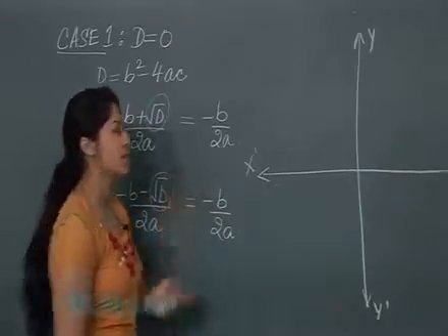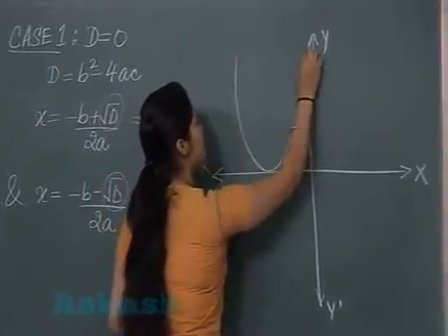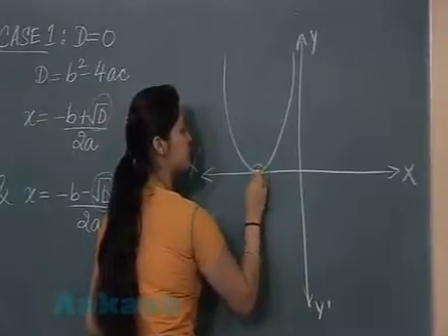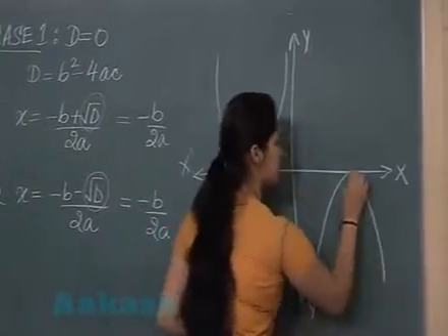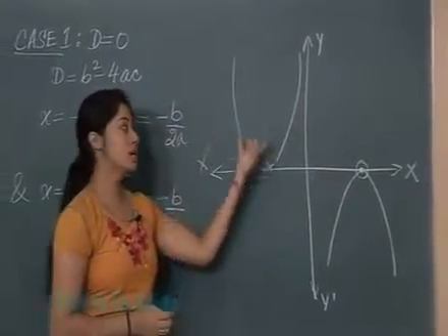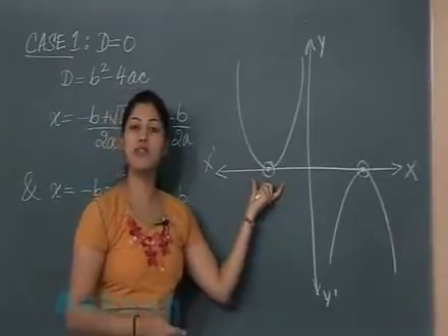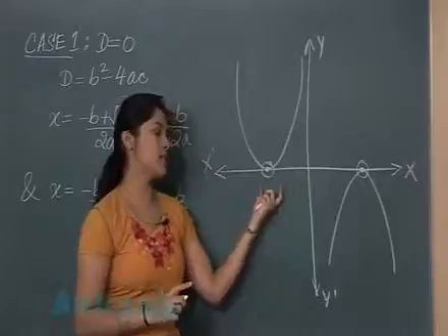And in this case, the parabola touches the x-axis at only one point. It can be this or it can be like this. So the parabola, which is the graph of the given quadratic equation, touches the x-axis at only one point.